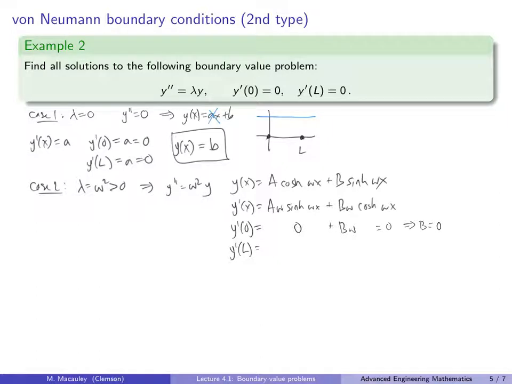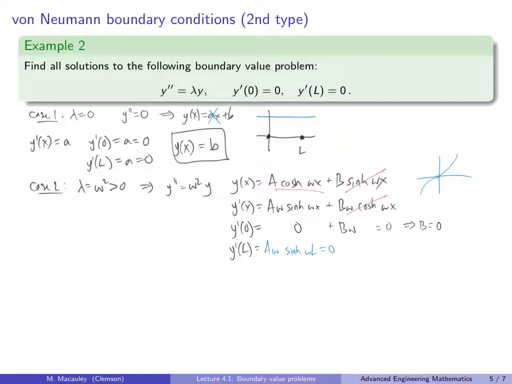That tells us that this term is 0 and that term is 0. So now we just have the cosh term left. So y prime of L is a omega times sinh of omega L, which is 0, and once again, sinh is this function that is only 0 at 0.